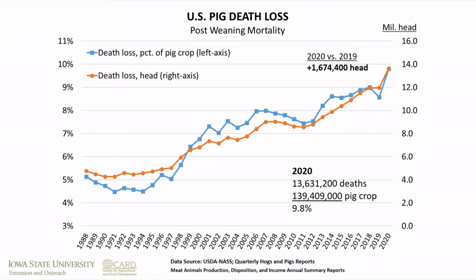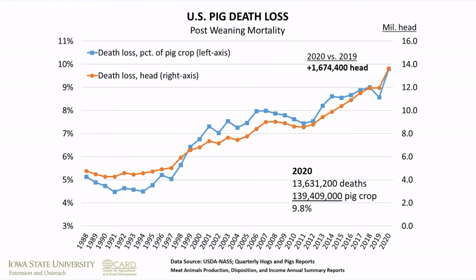Now, USDA actually does publish a death loss estimate. And why this is interesting is, there was a lot of debate about how big the depopulation and euthanasia was in 2020, right?